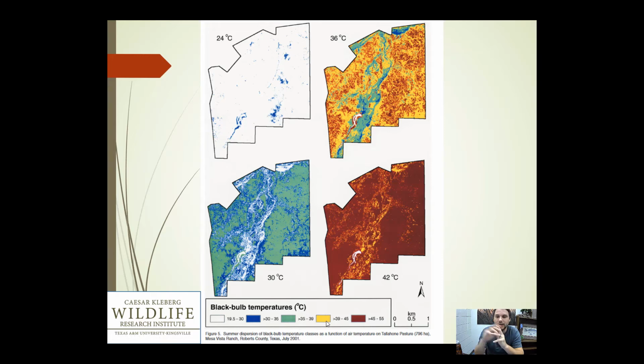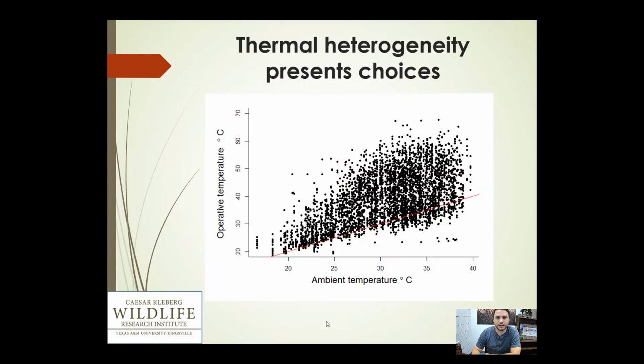And so at any given ambient temperature, there is a plethora of different operative temperatures that are available to organisms, and you can see possibly some overlap there where there's thermal refuge that's consistent across ambient temperatures, but of course we get that ebb and flow as thermal properties change. So again, you can kind of see this consistent relationship here between ambient and operative temperature that is generally a positive relationship, but also has a lot of variability.